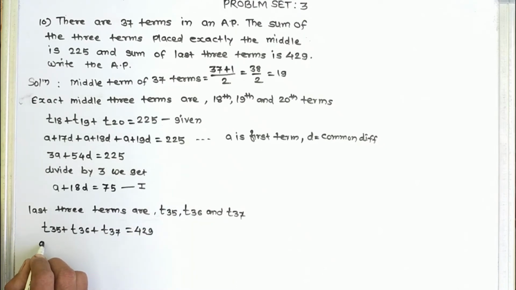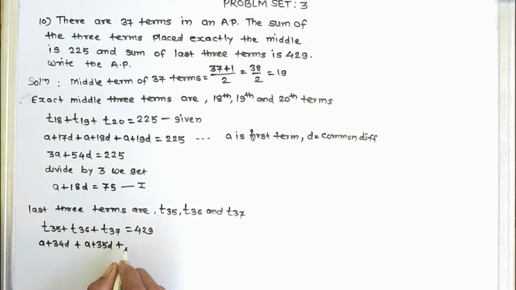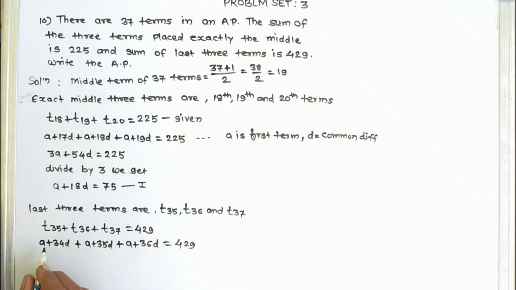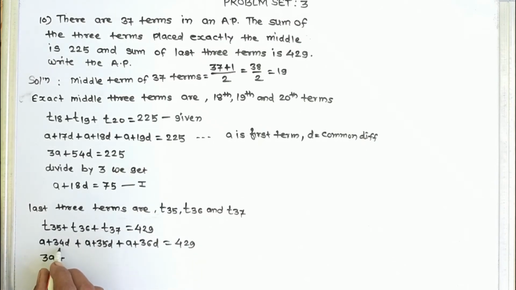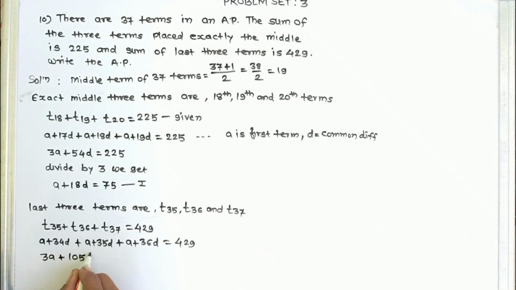So T35 will be a plus 34d plus a plus 35d plus a plus 36d which will be equal to 429. So this will be a plus a plus a, this will be 3a again, plus 34 plus 35 plus 36, this will be 105d, which will be equal to 429.